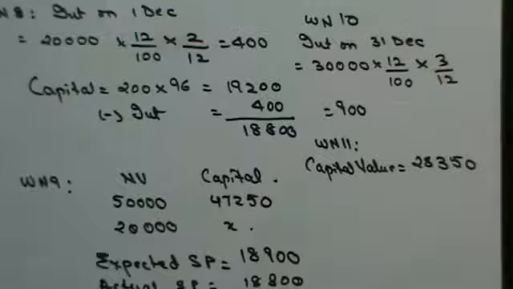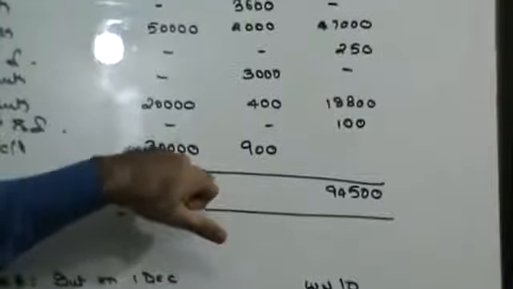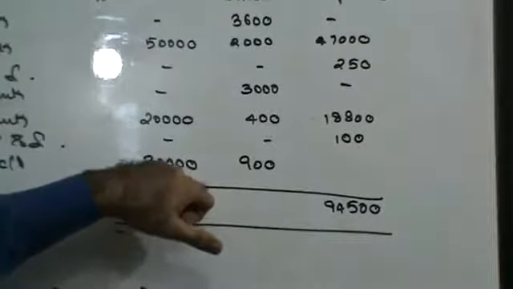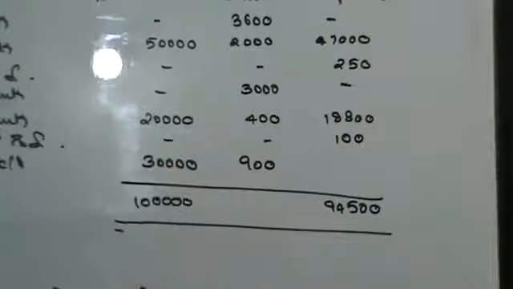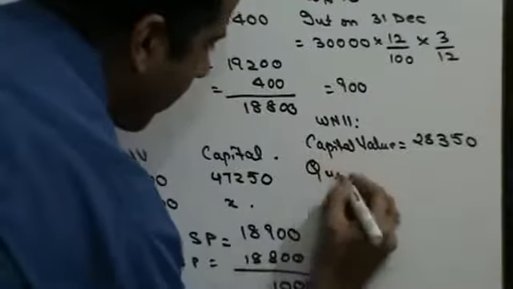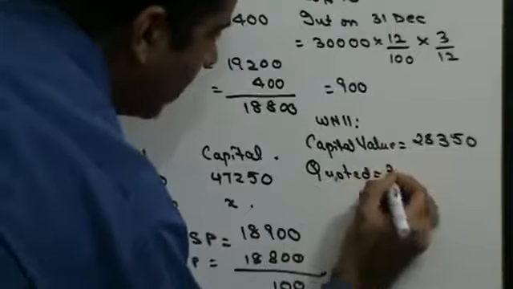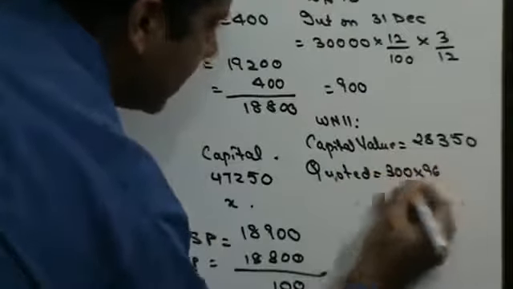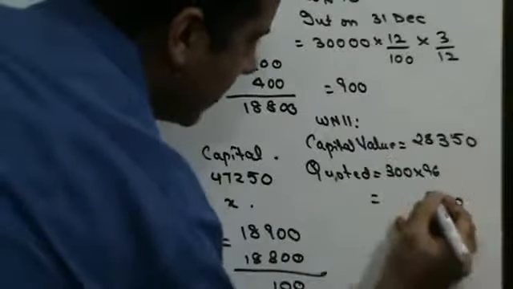That means on the stock market, this particular security was quoted for 96 rupees. Now I have security of 30,000 rupees. The value of each security is 100 rupees. That means I must be having 300 securities. I have 300 securities of 96 rupees each. Someone please find this out.